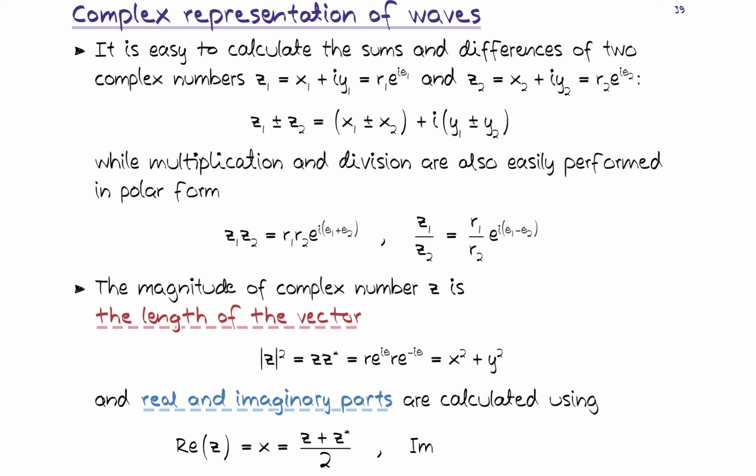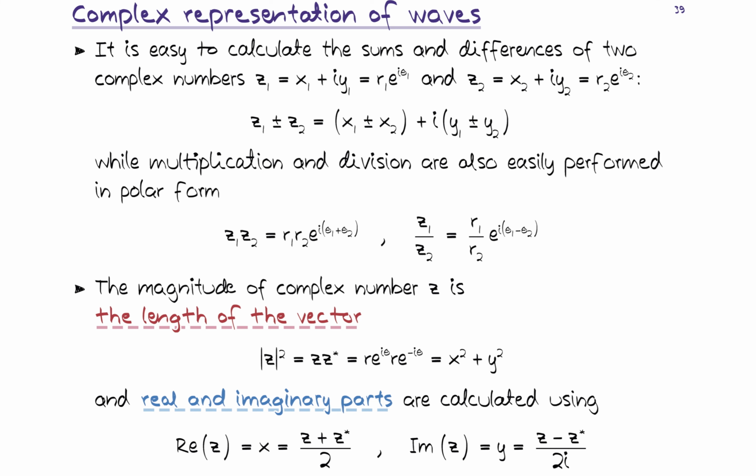Similarly, the imaginary part of z, denoted with y, we can calculate by subtracting the complex conjugate z star from z and dividing by 2 times i, the imaginary unit. So these are the equations that we can use to calculate the real and imaginary parts.